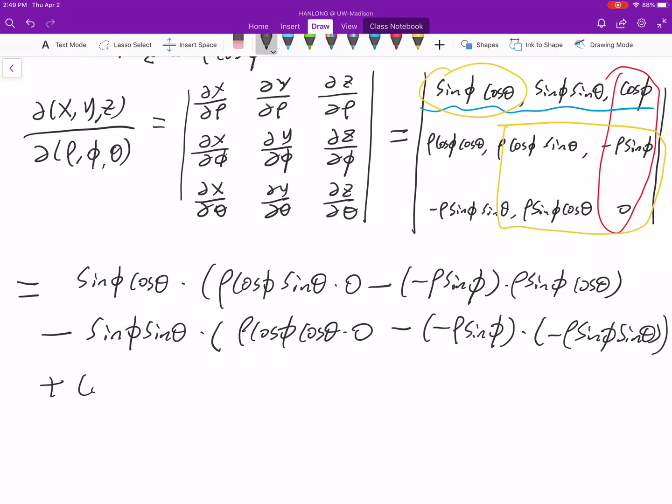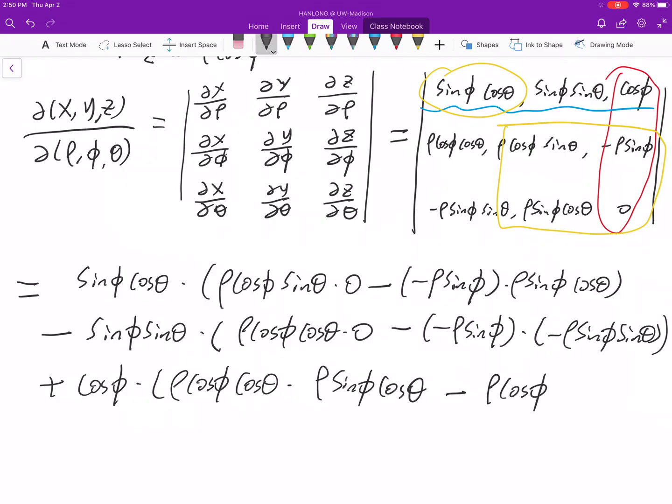And lastly, cosine phi times (rho cosine phi cosine theta times rho sine phi cosine theta minus rho cosine phi sine theta times negative rho sine phi sine theta).